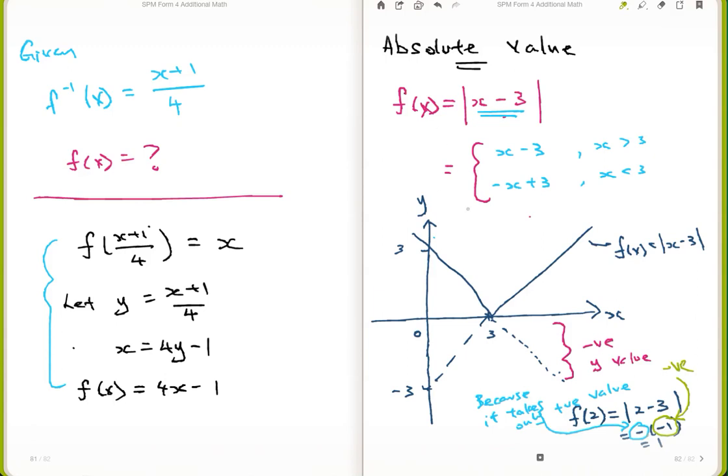Now, you make it further, maybe from the range-wise. If you want to look for the range, if I want it to be from here to here, okay, let me design this question.